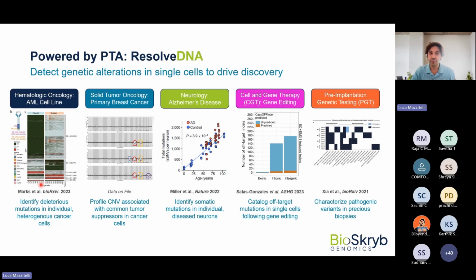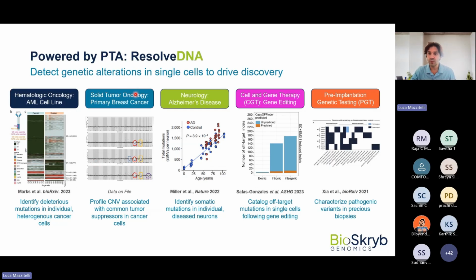In this paper, the researchers were able to identify single nucleotide variant differences between parental and resistant cell lines, including a point mutation in the FLT3 gene, which is known to drive mutation.